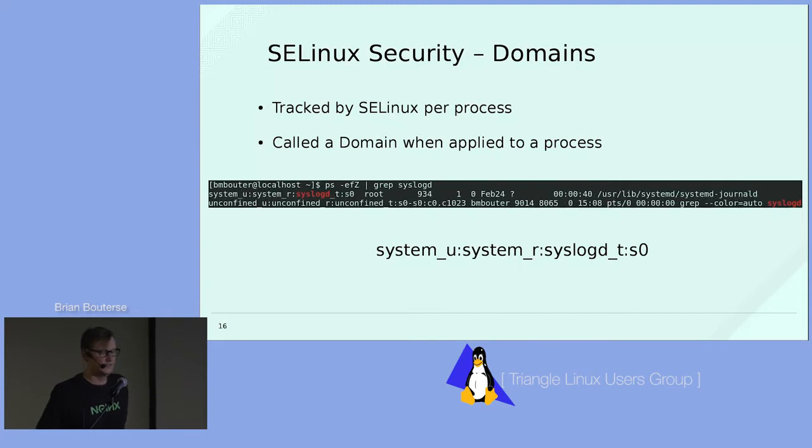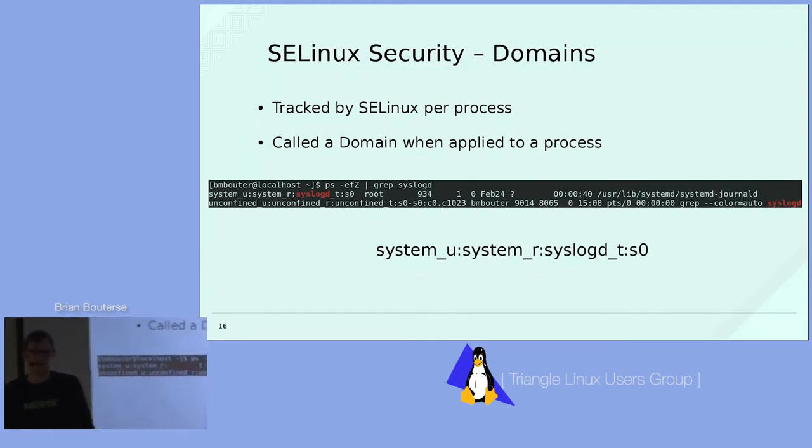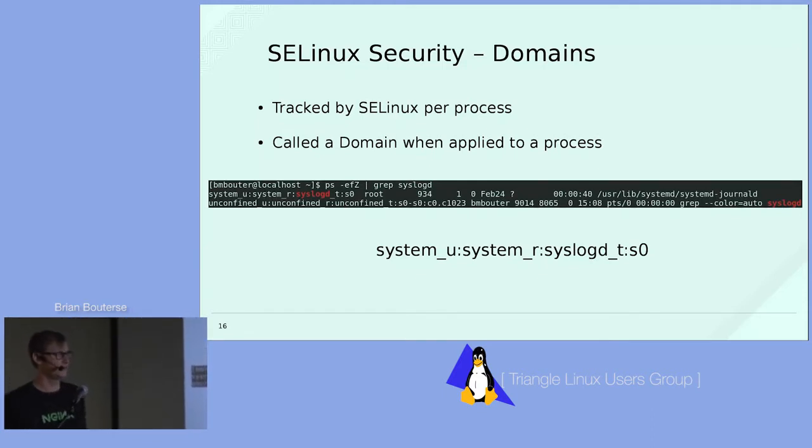So this is an SELinux domain. Each process on your system has what's called an SELinux domain, and if you list them with the capital Z flag, like here, then you'll see, along with your normal ps process listing output, a domain for that particular process.